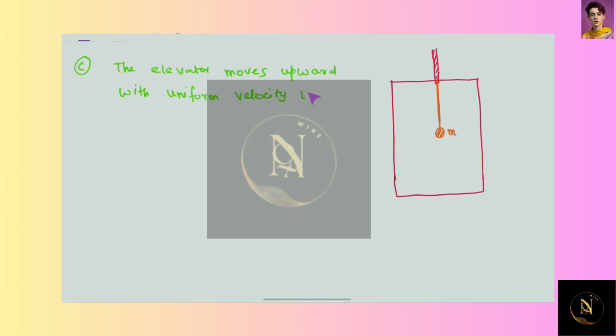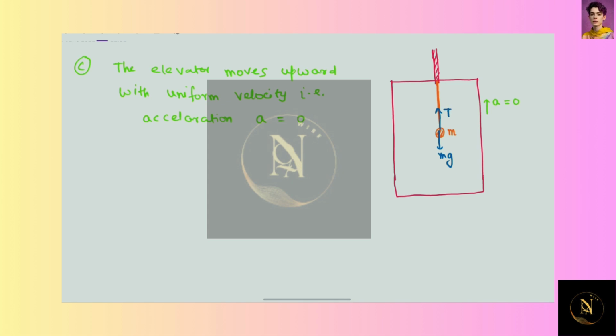If the velocity is uniform, that implies that the acceleration of the elevator A will be 0. So we can just write that A is equal to 0 over here. Then with respect to the reference frame, which is the lift, the forces acting on the bob are mg downward and tension force upward.